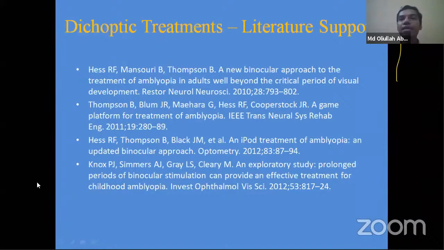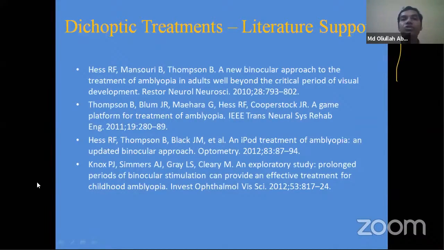Now, if by any means you can alter the contrast function of the dominant eye, so virtually you are not playing with any acuity or occluding the vision of the dominant eye, but you are trying to play with the contrast of the dominant eye so that the interocular dominance goes down, which is very crucial, and that leads to a binocular perception.